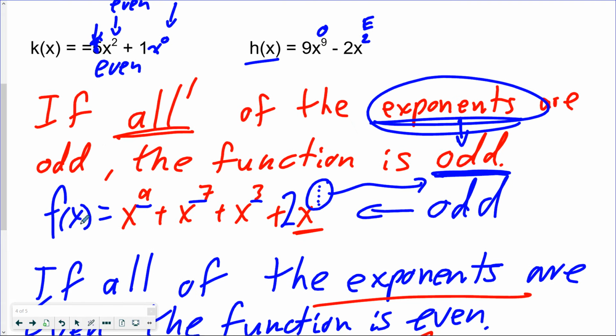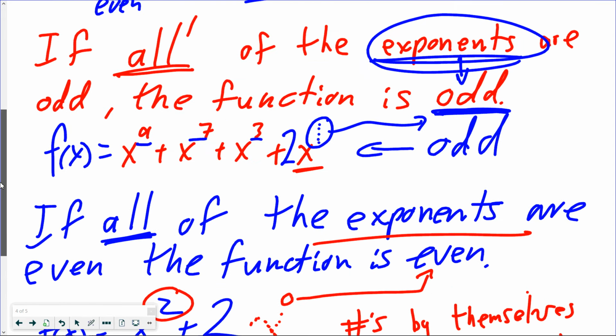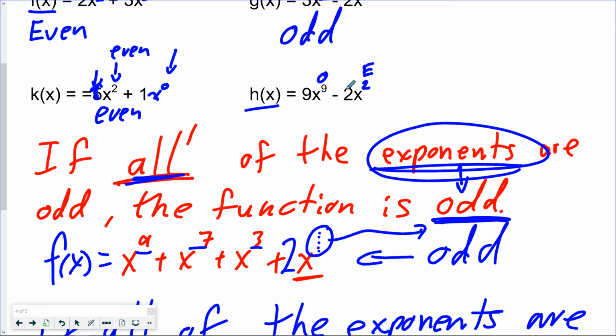No. All of the exponents have to be odd. Because it's not even and it's not odd either, we say that this function would be neither, whoops, there's an R in neither, neither even nor odd. It's not either of them.